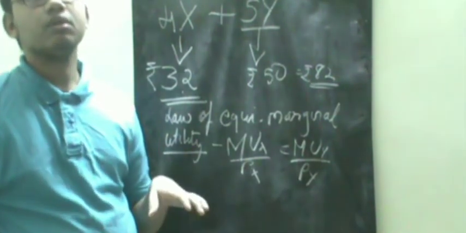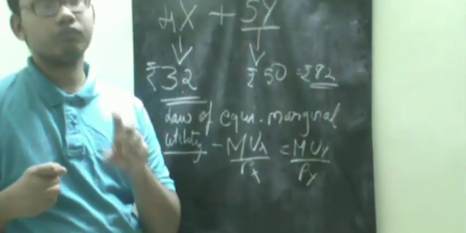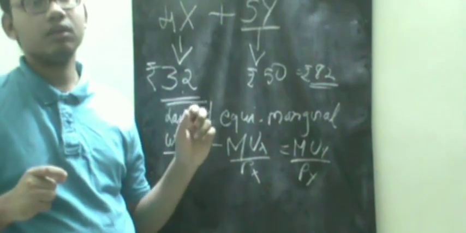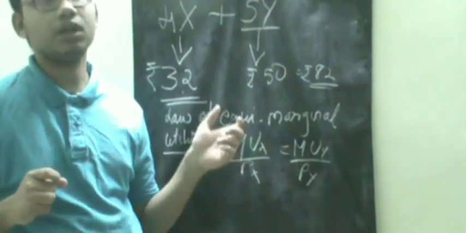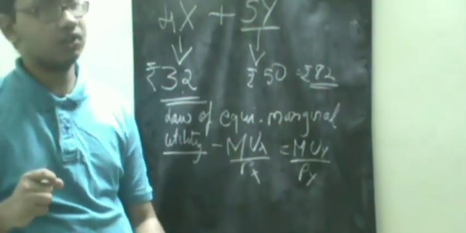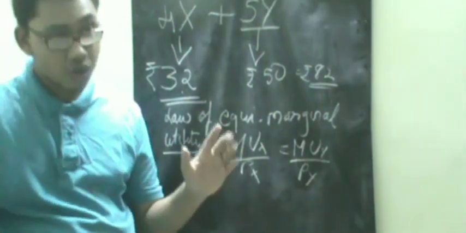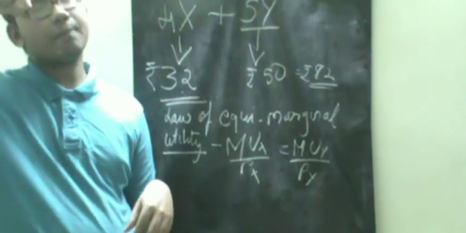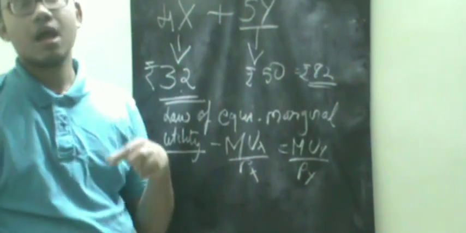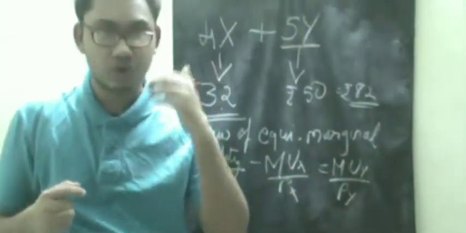Now, one more thing. When we say that the aim of the consumer is to maximize satisfaction, it doesn't mean that the consumer is going to maximize the total satisfaction. It means maximization of satisfaction for the price paid for the good.